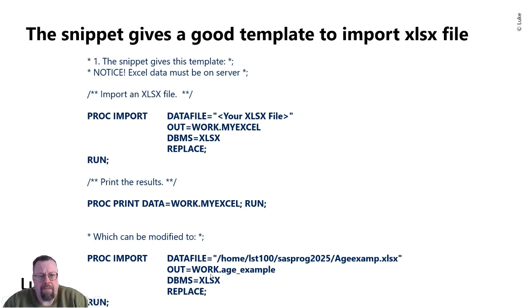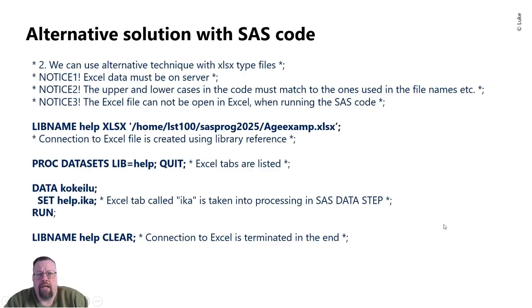Remember, work is a temporary place, so when you shut down your SAS, work folder will be emptied. So if you want to save the data permanently, you should use another library reference instead of work. But the name of the file we give here is h_example. Yeah, this is the first technique.